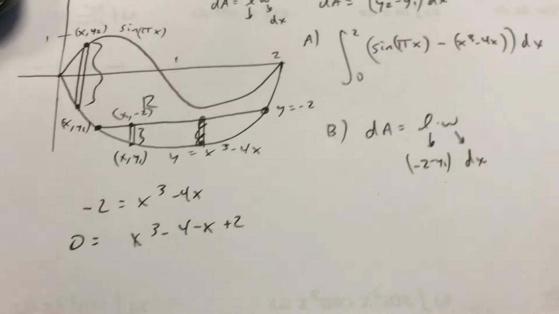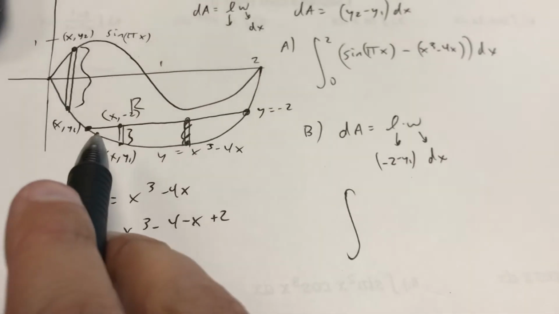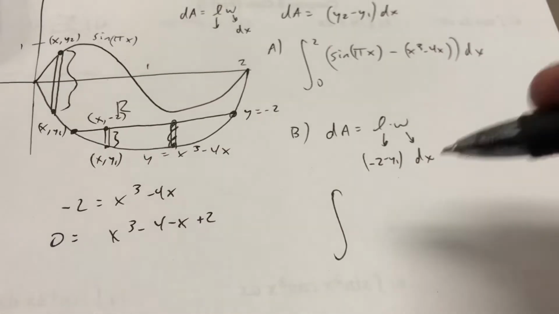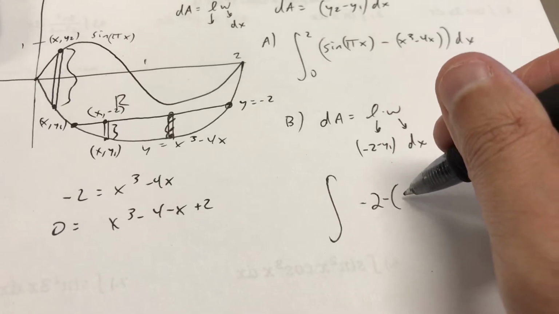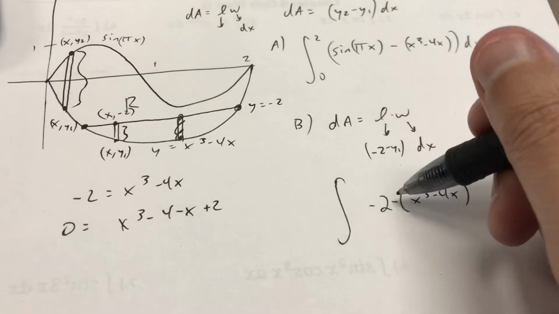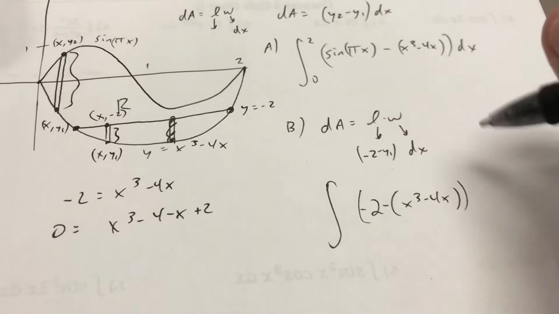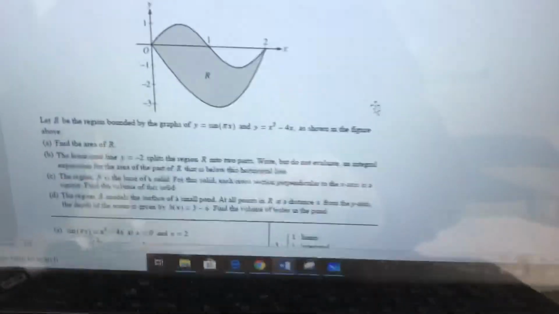We'll look at those in just a minute. Anyway, we put all this together. It's going to be an integral that starts here and ends there, whatever those values are. We're going to have negative 2 minus the function x cubed minus 4x, and you don't really need to simplify it. So negative 2 minus that, all of that times dx, and then our bounds. Let's go take a look at the solution on this one.